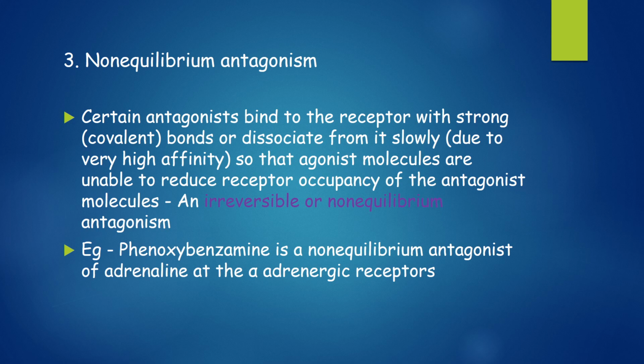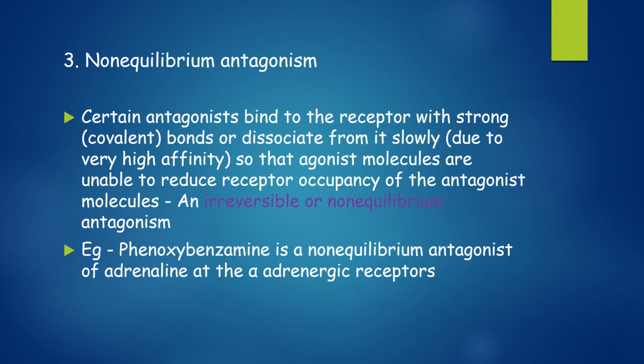Or some antagonist drugs will have a strong bond, like a covalent bond. Here also the dissociation will be slow. So the agonist molecules are unable to reduce the receptor occupancy of the antagonist molecule, and it is known as irreversible or non-equilibrium antagonism.